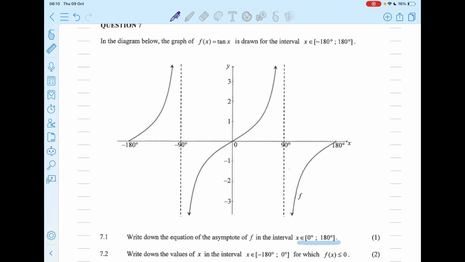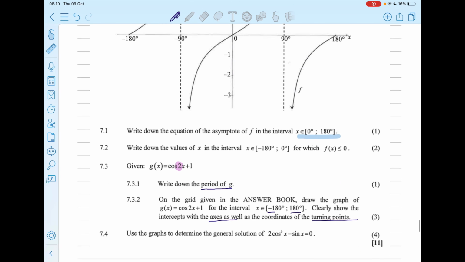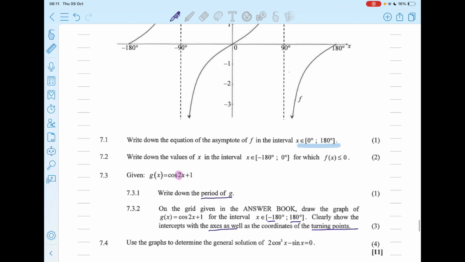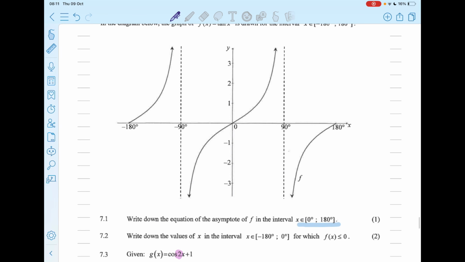The easiest way to save time is, well, you can draw a table with the x and y values and then draw it and join it, or a quicker method is to use the standard cos graph. So I'm going to show you how to draw this cos graph and then do the shifts, and then you'll be able to get the new graph.